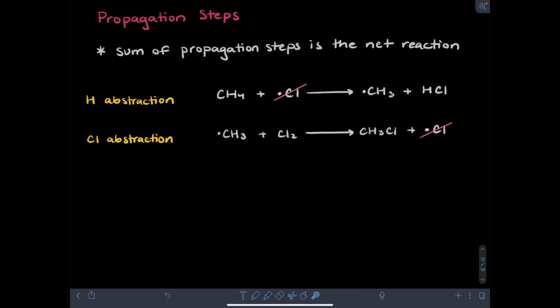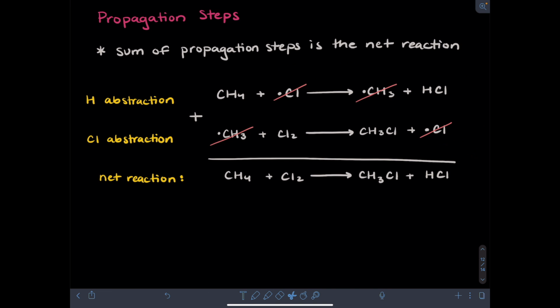Notice that a chlorine radical in the reactant side and the product side would cancel with each other when we sum these, and a methyl radical on either side would cancel as well. Summing the 2 propagation steps together gives the net reaction, which was methane reacting with chlorine to make chloromethane and HCl.